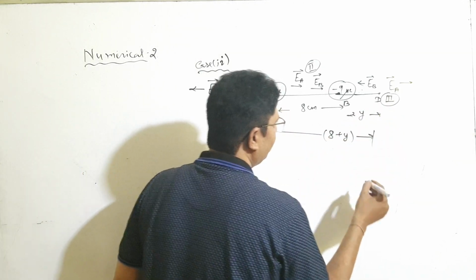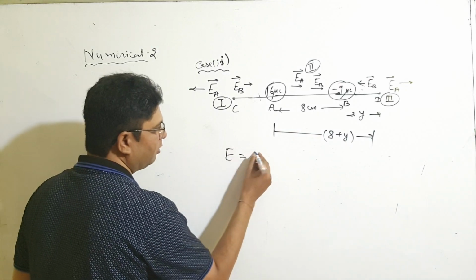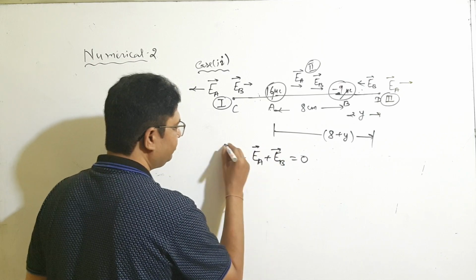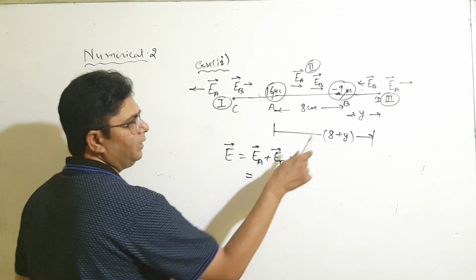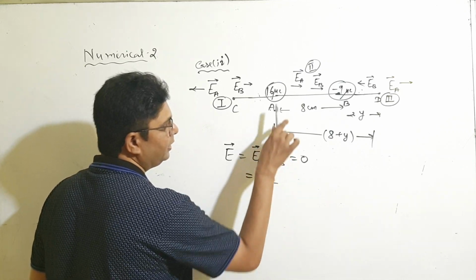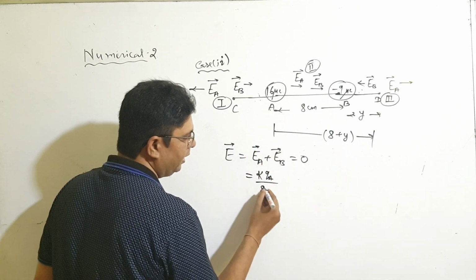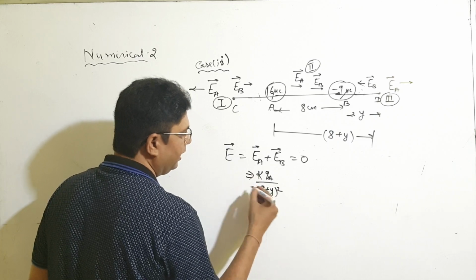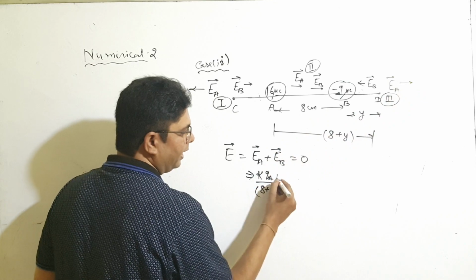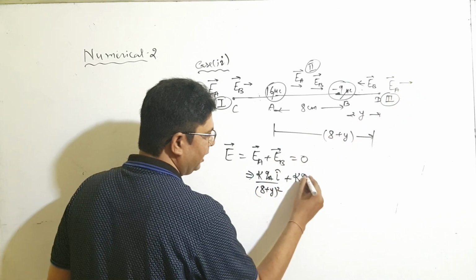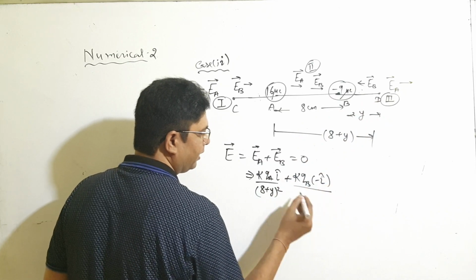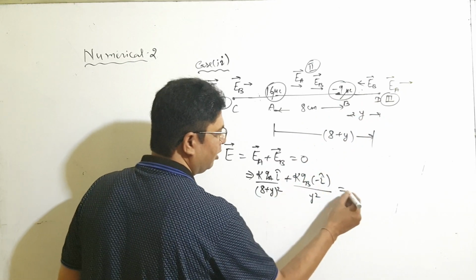Now apply the same rule, E equals EA plus EB equals 0. EA is K QA upon 8 plus y whole square, and the direction is towards the x-axis, so you write i cap, plus K QB, direction is toward the negative x-axis, so write minus i cap, upon y square, equal to 0.